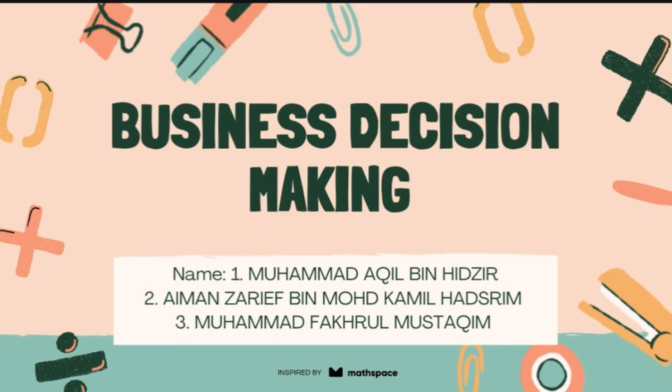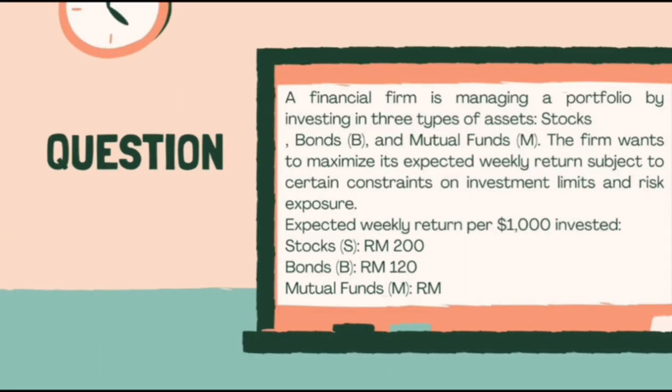Welcome to this walkthrough on using the simplex method to optimize a financial investment portfolio. We have a firm investing in three assets: stock, bond, and mutual funds, and we want to maximize the weekly return while respecting investment risk and liquidity constraints. Expected weekly return per 1,000 invested is 200 for stock, 120 for bond, and 160 for mutual fund.